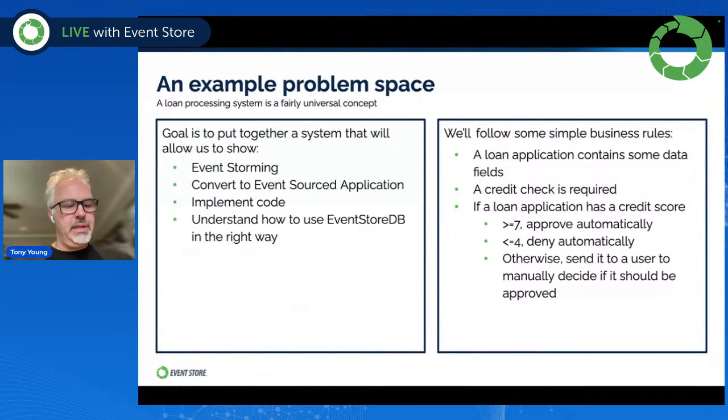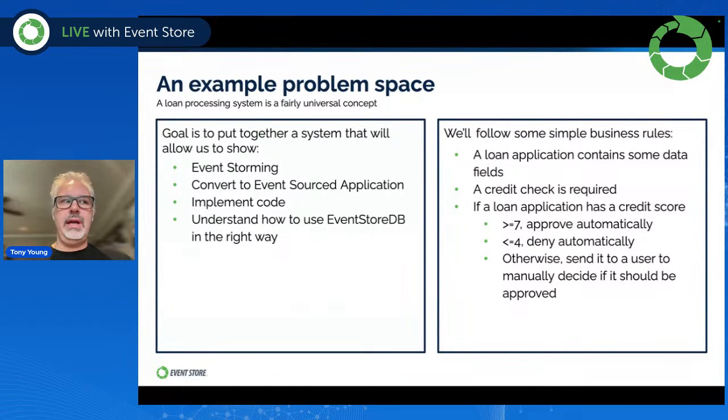Now, loan processing is something that most, if not everybody, is familiar with. A lot of us have credit cards or have applied for home loans, student loans, payday loans, all that kind of thing. So it's a fairly large problem space that everybody should be familiar with, fairly relatable.